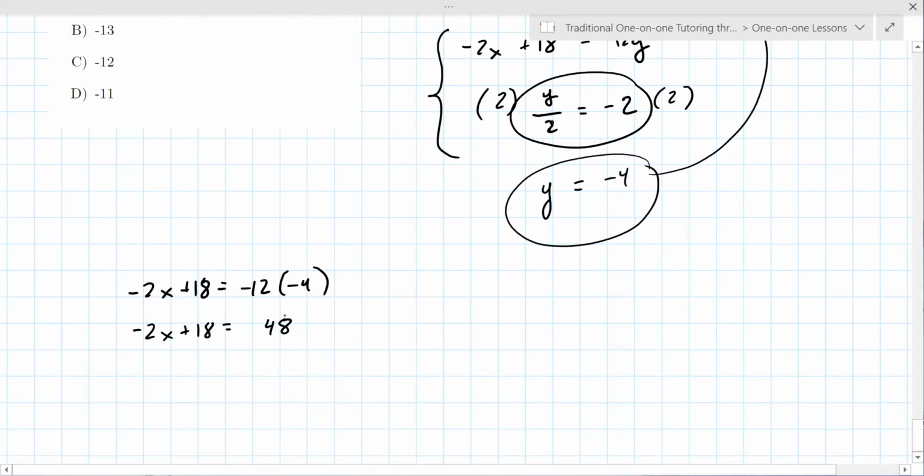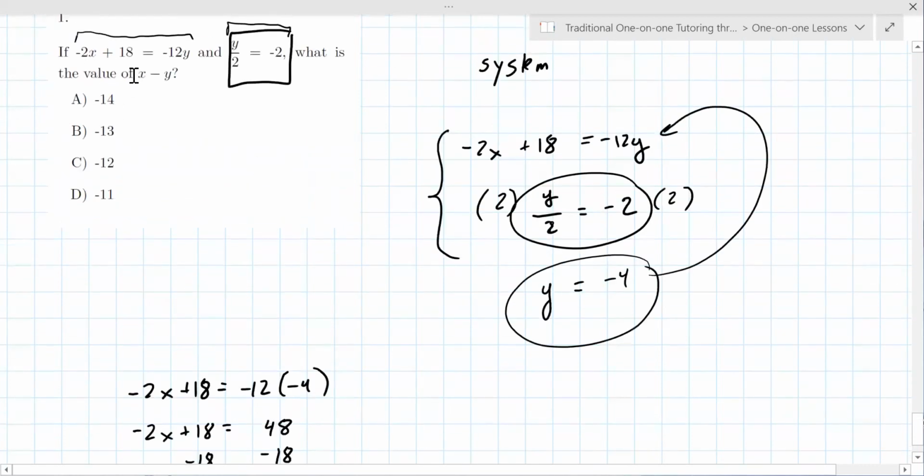And now you have another equation to solve. Subtract 18 from both sides. -2x equals 30. Divide both sides by -2, and x equals -15. But again, that's not the answer, and neither is -4.